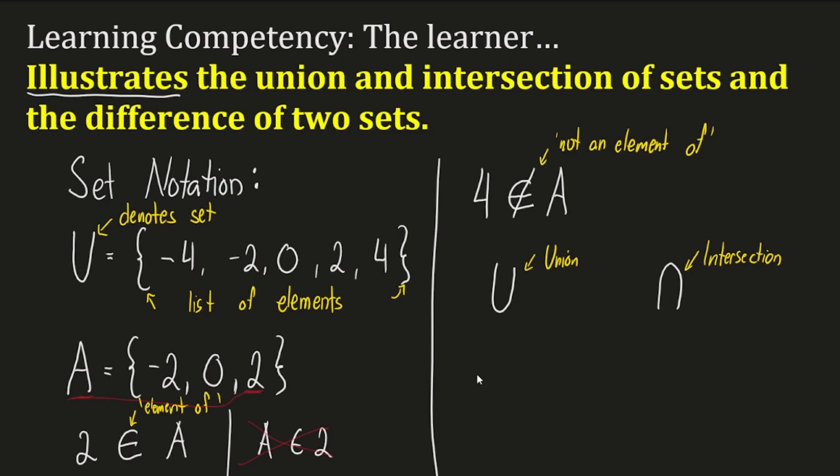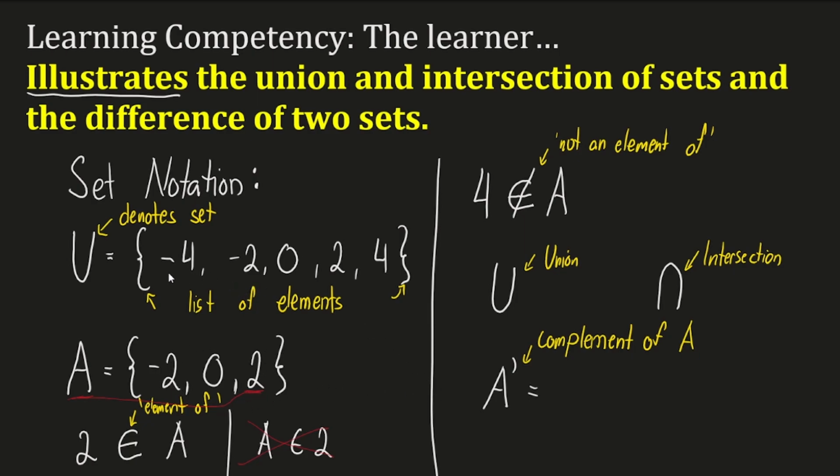What I'm interested in is this one. I'm going to get set A again, and what I'm going to do is put an apostrophe. This one is what you call complement of that set A. So what does it say? It says that it is everything but that set.